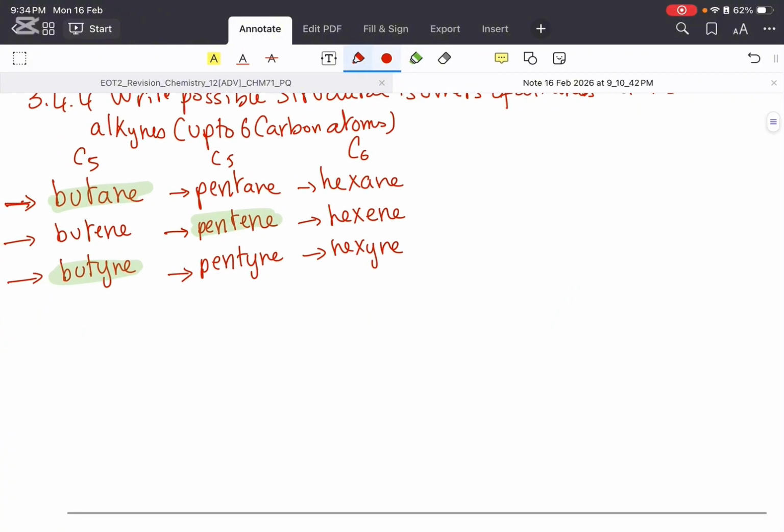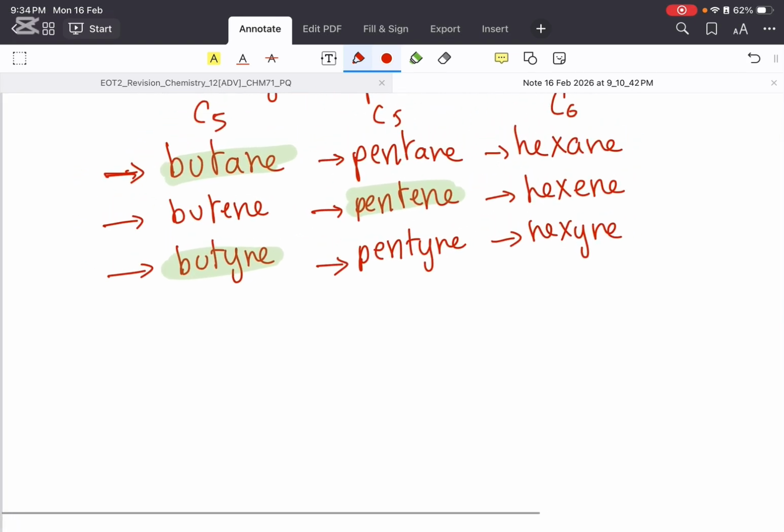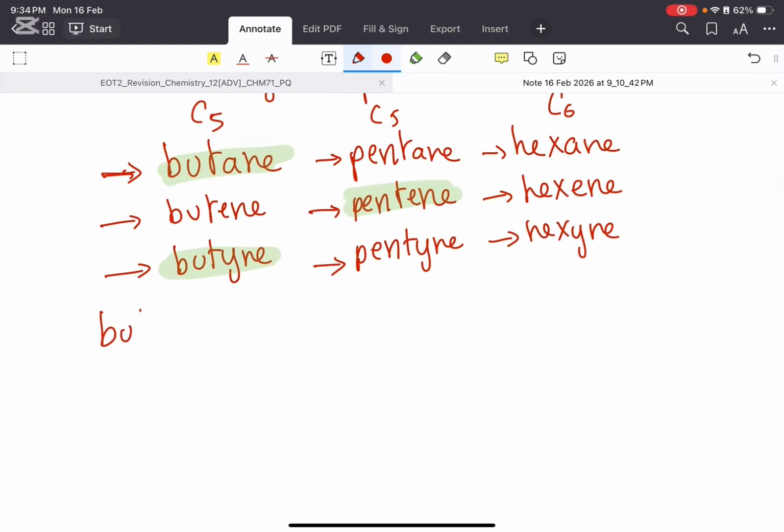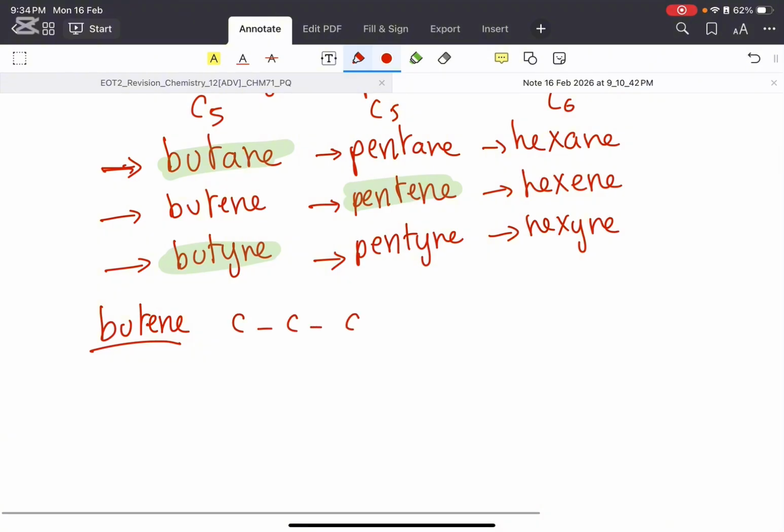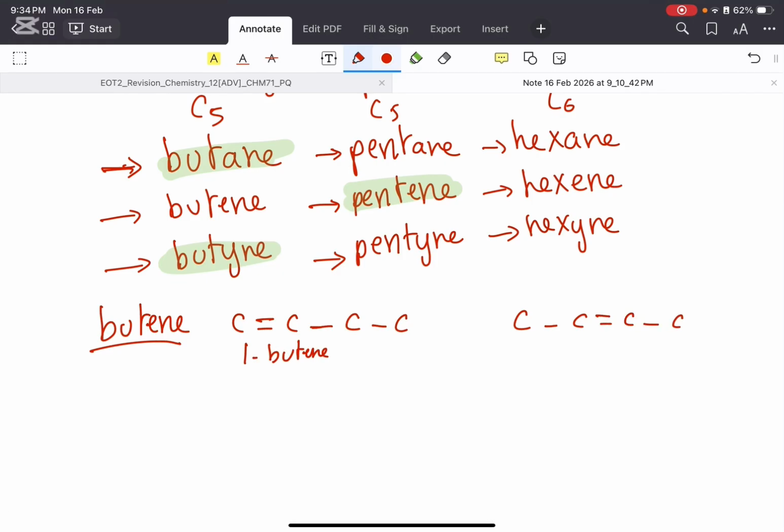So, if they said to draw butene, what can I do? Isomers for butene. That's an alkene. I can do 4 carbons with double bond on the first, or 4 carbons with double bond on the second. So that would be 1-butene and that would be 2-butene. Of course, we should never forget the hydrogens.